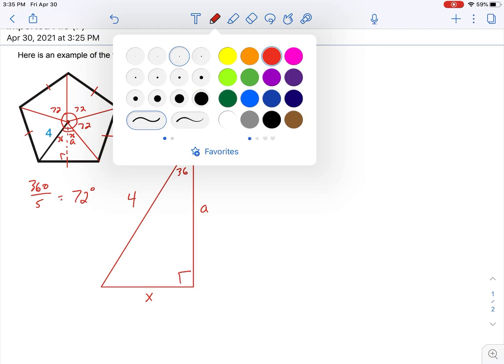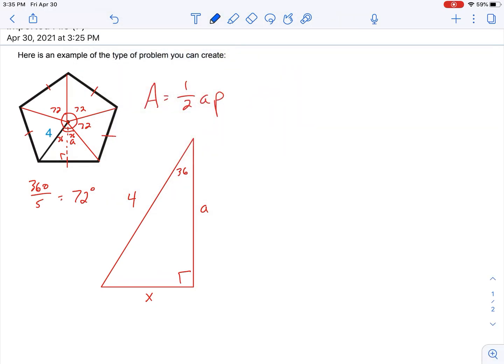So in class, we had this where it created special right triangles, but this is not a special right triangle. So I'm actually going to have to use trigonometry in order to solve for these missing parts. So the first one is, let's do the apothem. If I look at the angle of 36, I can see the apothem is adjacent to the angle, and 4 is the hypotenuse. Which one uses adjacent and hypotenuse? Well, that would be cosine.